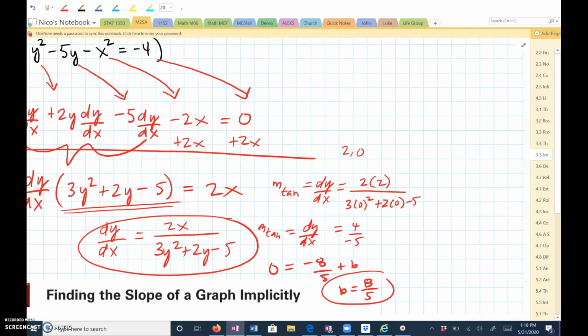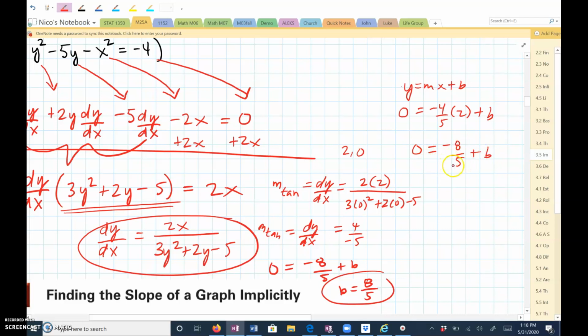So we have the slope, and then if we use y equals mx plus b, y is 0, the slope is negative 4/5, 2 is x. 0 equals negative 8/5 plus b. Add 8/5 to both sides. So 8/5 is b. So y equals negative 4/5 x plus 8/5. That would be the equation of the tangent line.